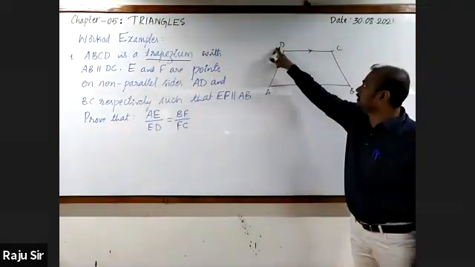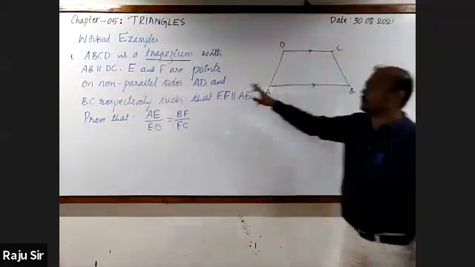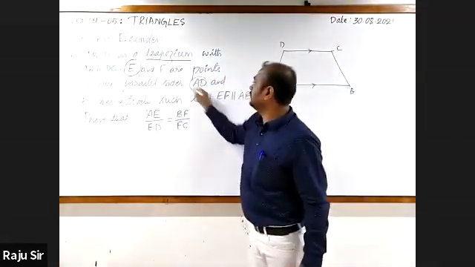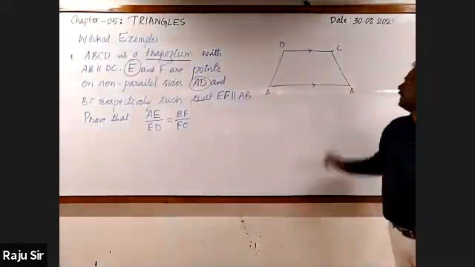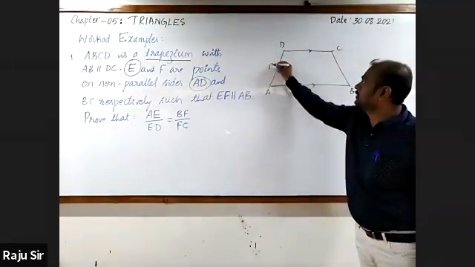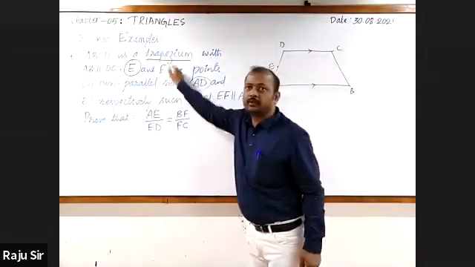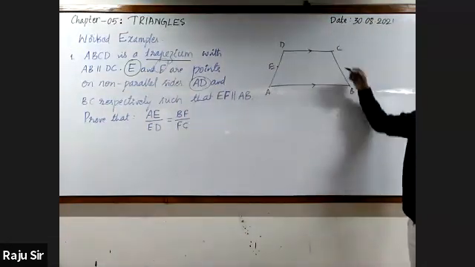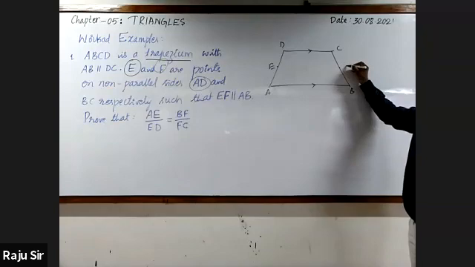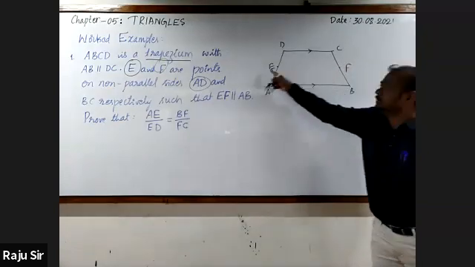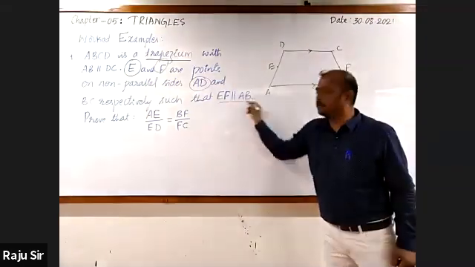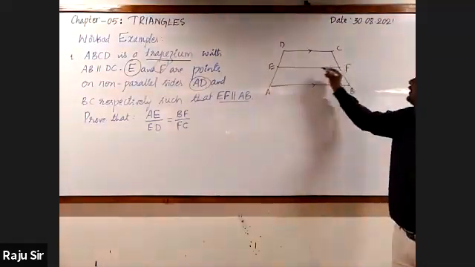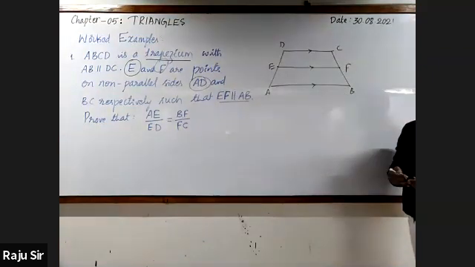AD and BC respectively, which means the point E is on AD, and F is on BC, such that EF is parallel to AB. So here I'll draw the line. EF is parallel to AB.